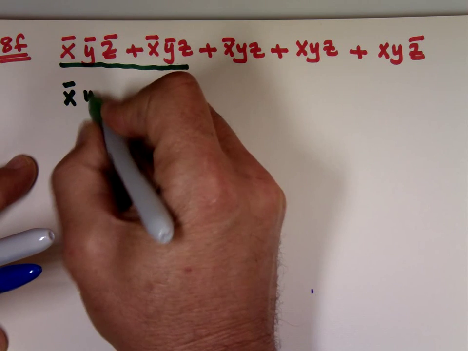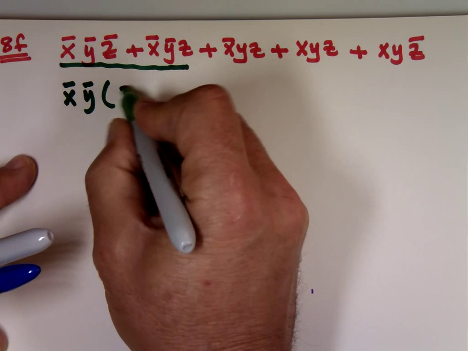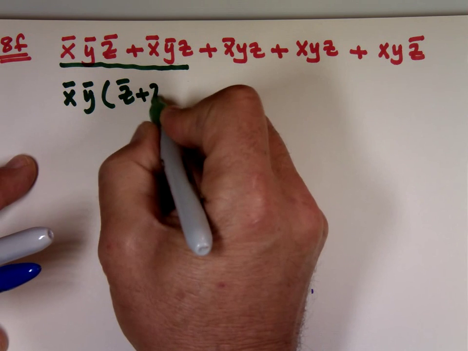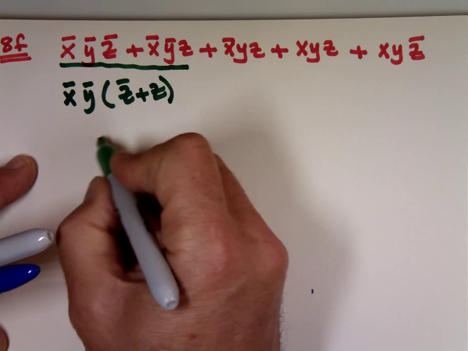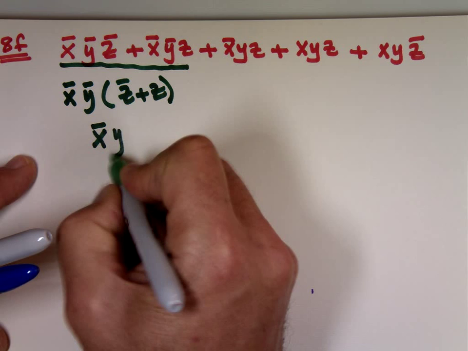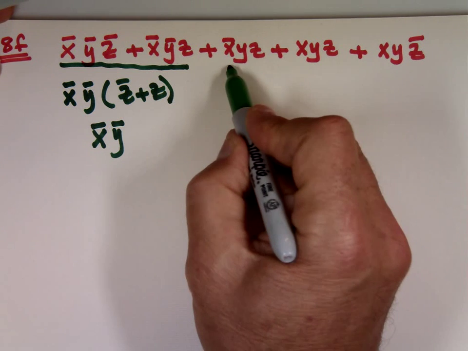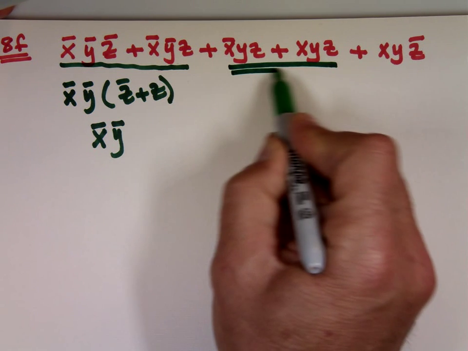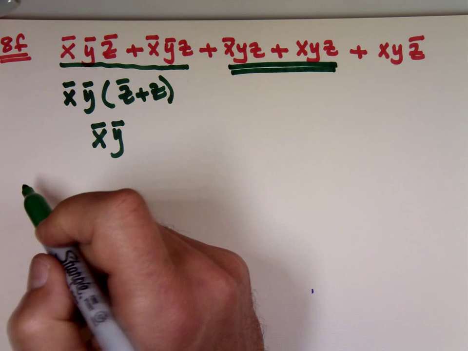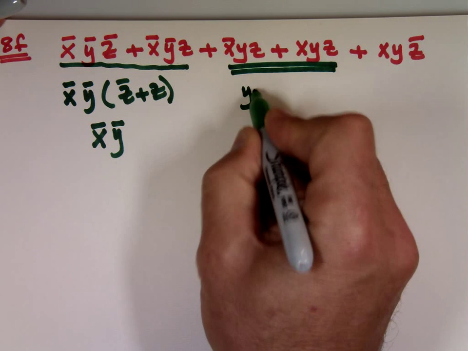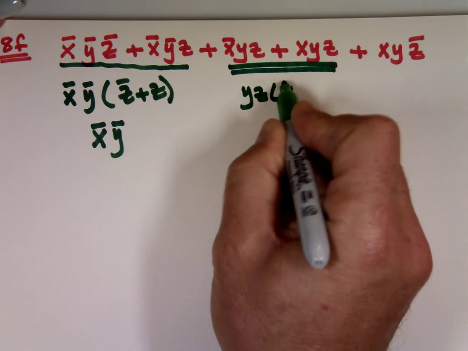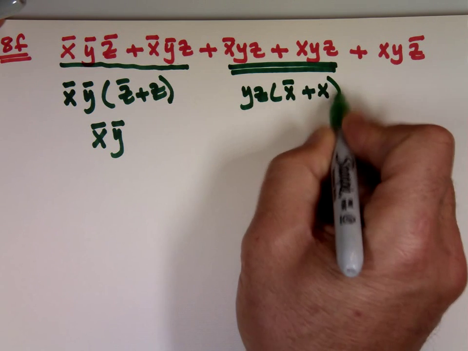What's left? Z bar plus Z. What's Z bar plus Z? 1. These other two also grab my attention. What do they have in common? YZ. What's X bar plus X? 1. That's YZ.